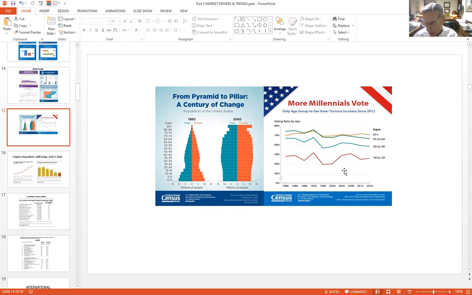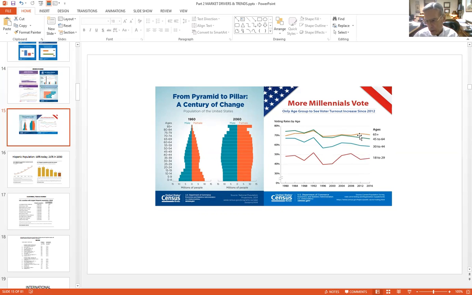Another interesting trend is the growth in millennials and who vote. And you can see that those who are older, 45 to 64 and 65 and older, are more likely to vote than younger age groups.